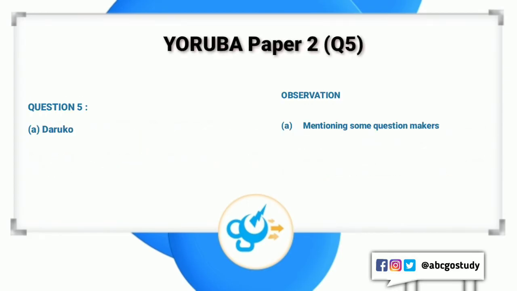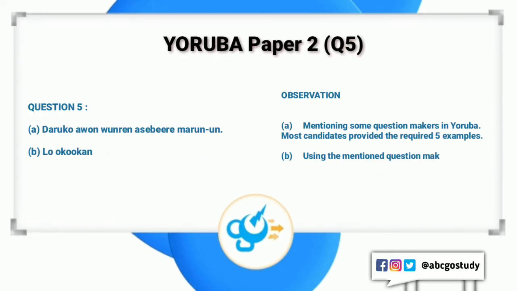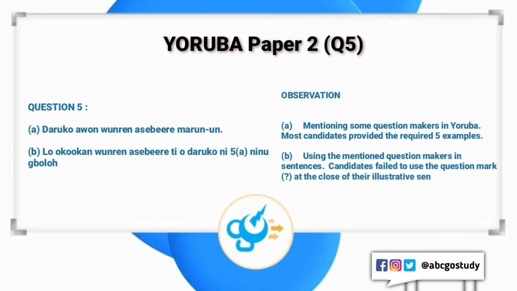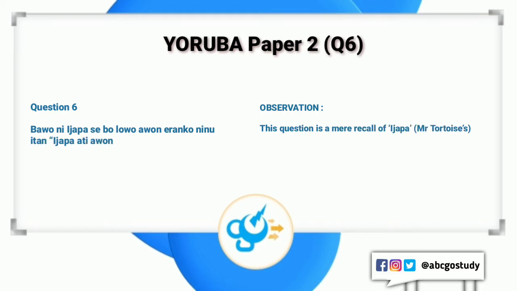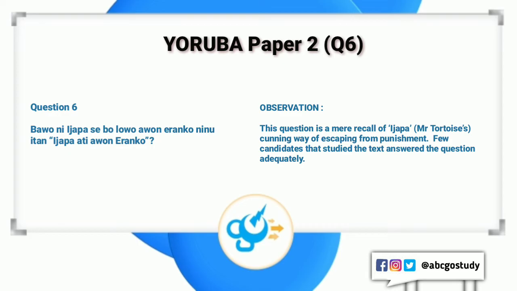Question 5: look at the question, the general observation of WAEC, and the comments. Question 6: look at the question, the general observation of WAEC, then the comments.